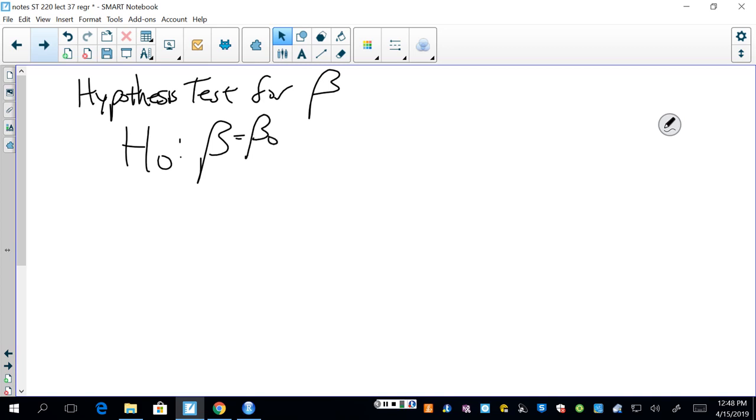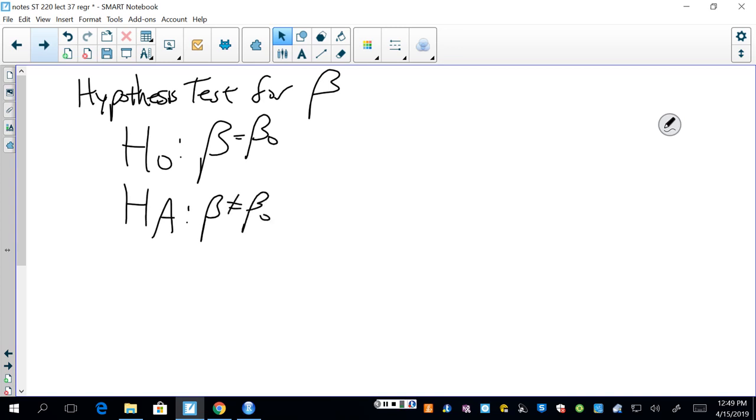You would get this from previous studies or scientific hypotheses, based on it being a physical system and looking at reactions and things, a certain rate that you would expect, versus an alternative that's not equal to that.